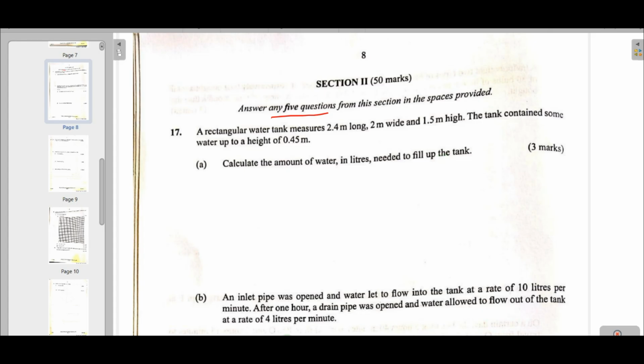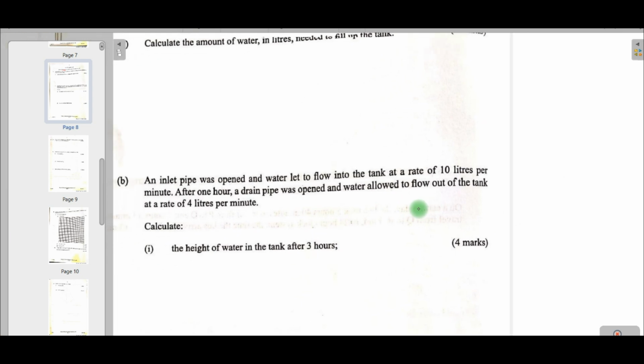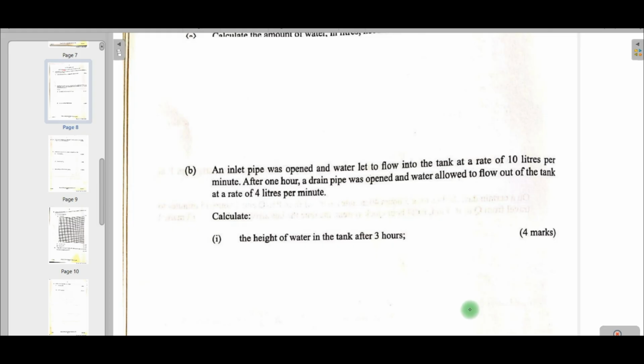Then from there, part B of the question, an inlet was opened and the water flowed into the tank at the rate of 10 liters per minute. After 1 hour, a drain pipe was opened and water allowed to flow out of the tank at a rate of 4 liters per minute.